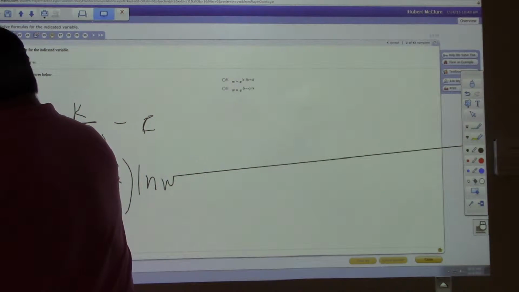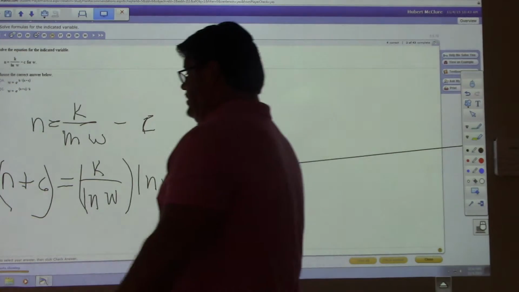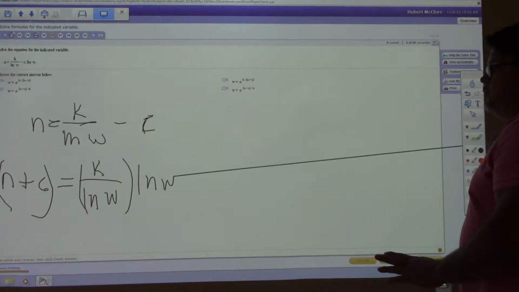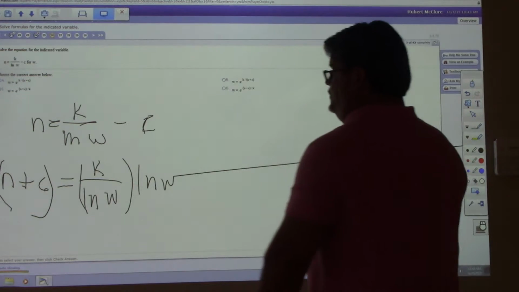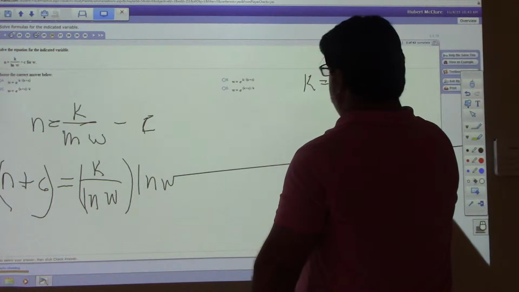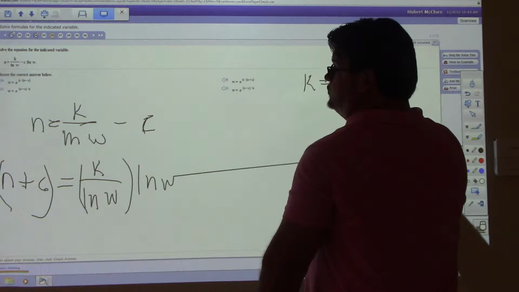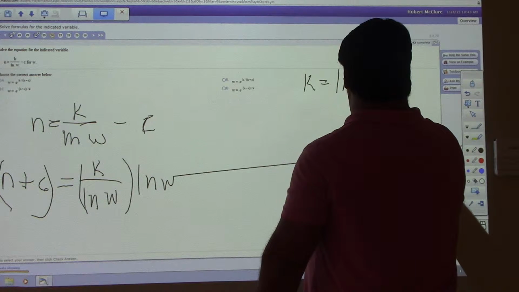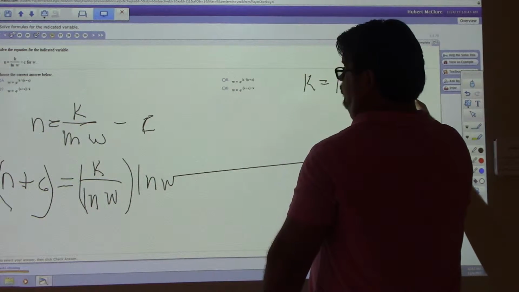And we did all that. Natural log of W. We did that. And K is equal to natural log of W times what?